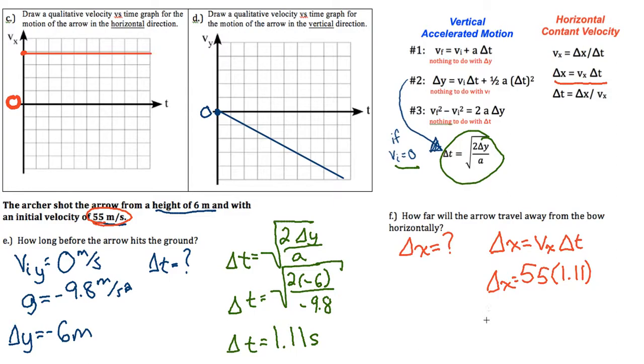Once again, you're going to plug that into the calculator. This one's a little easier. So 55 multiplied by 1.11 will give you a distance of 61.05 meters. Your answer to part F.